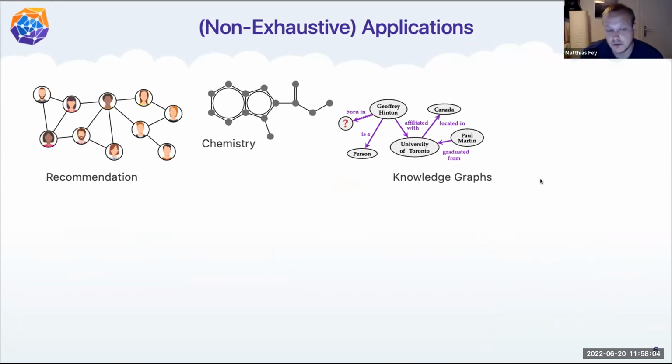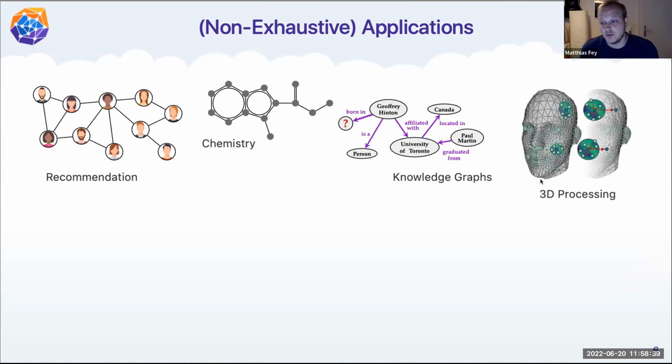Importantly, due to the generality of message passing graph neural networks, there exists a large amount of applications. One of the most common ones in graph machine learning is, for example, recommendation in social networks, where we want to recommend users products or new friends or whatever. We also see them applied in chemistry, where we learn on molecular graphs and want to predict certain molecular properties. And we also see them used in knowledge graphs, where we want to infer missing links or missing knowledge.